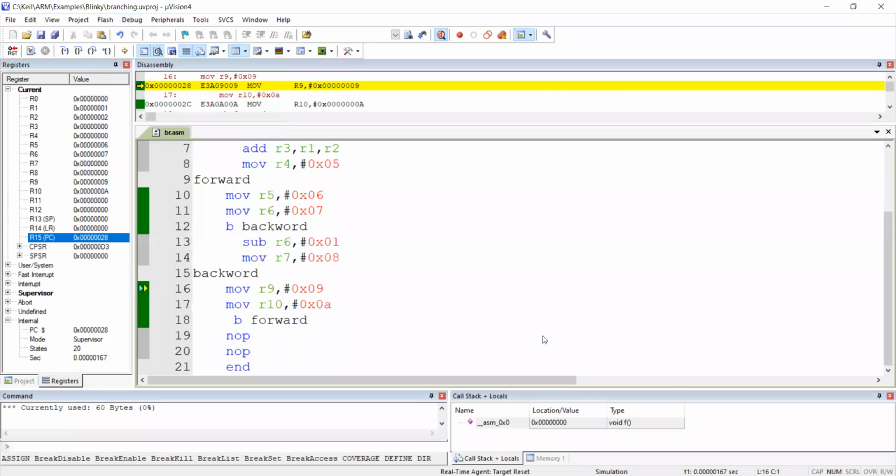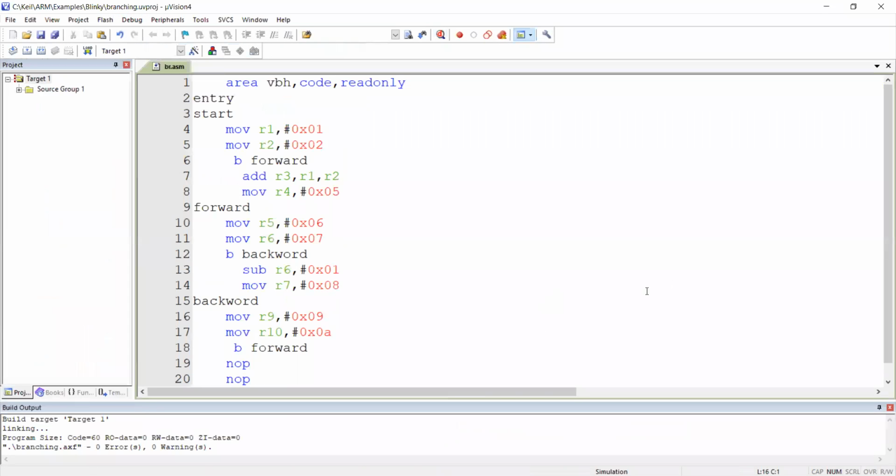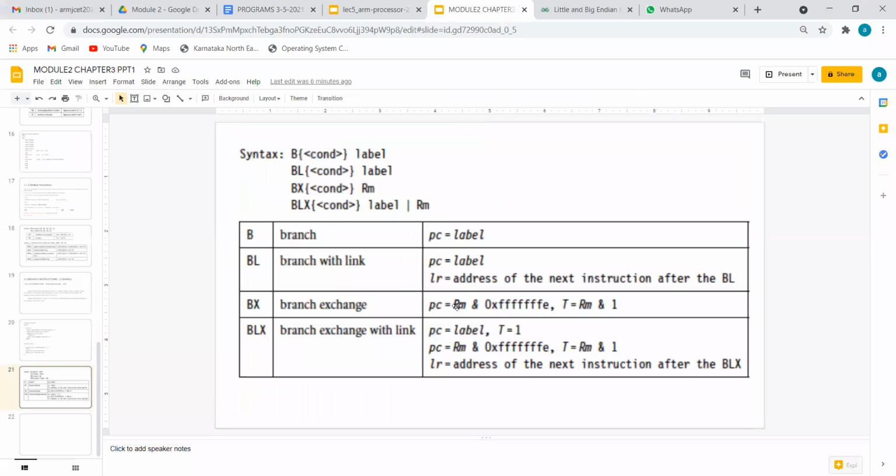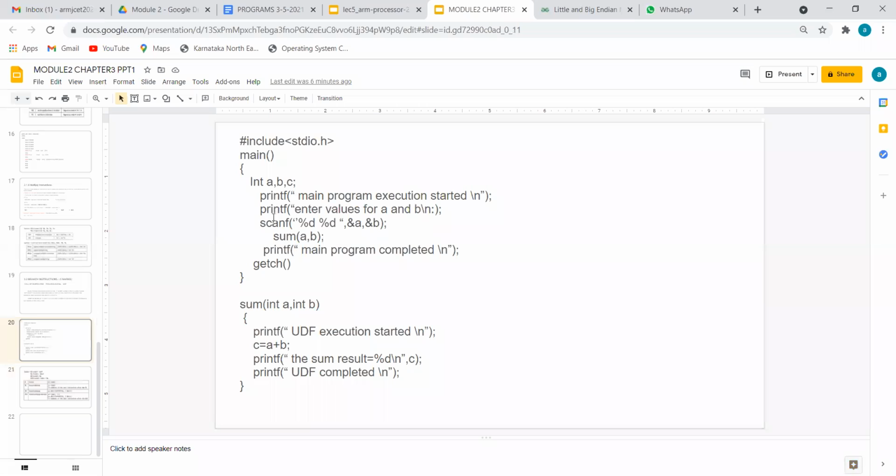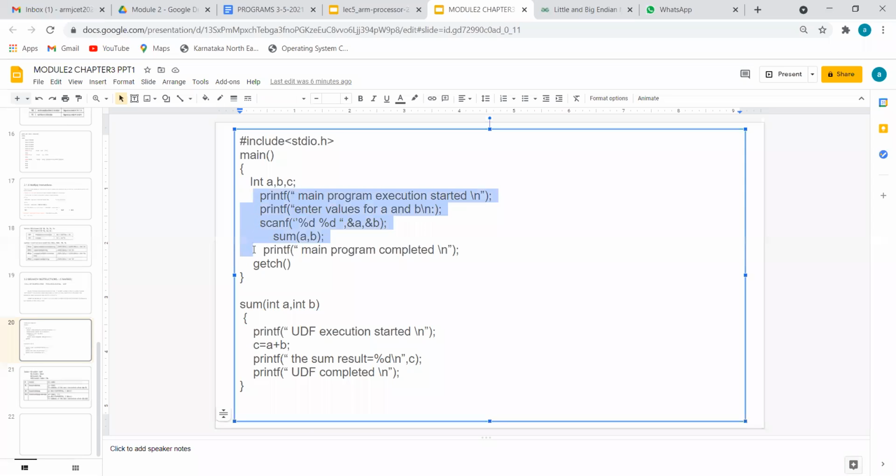So when is it useful? When I don't want all the instructions in sequential execution, a few instructions sequential, then again jump to some other part of the program, back in the program like this.